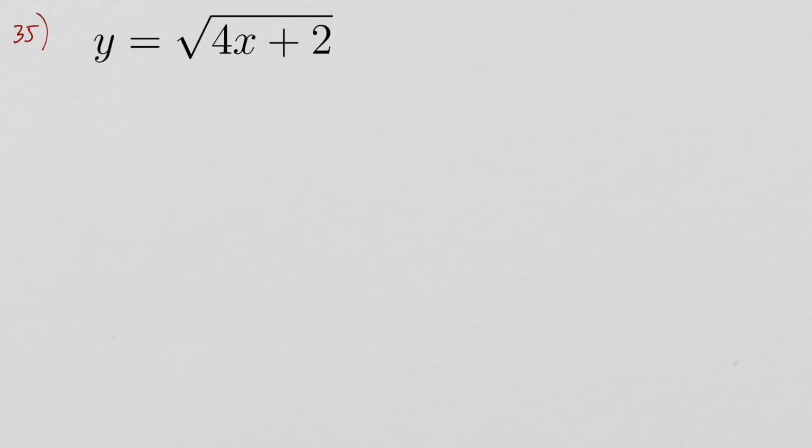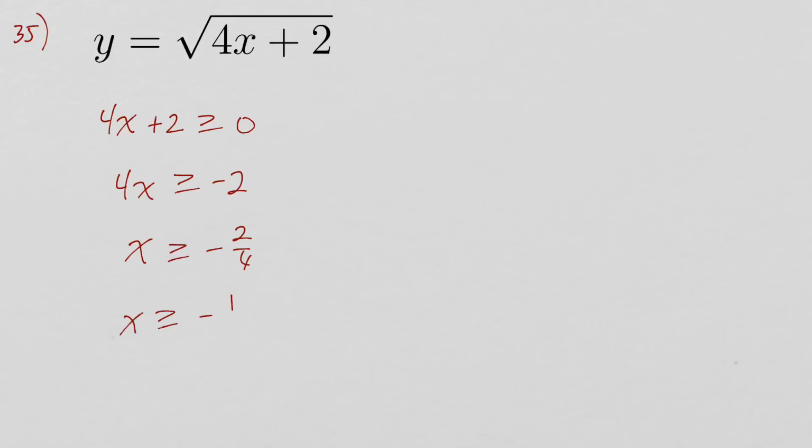Okay, let's talk about the domain first. We know that 4x plus 2 has to be at least 0. So that's going to give us our domain. 4x now has to be greater than or equal to negative 2. So x is greater than or equal to negative 2/4 or negative 1/2. How do we write that in interval notation?